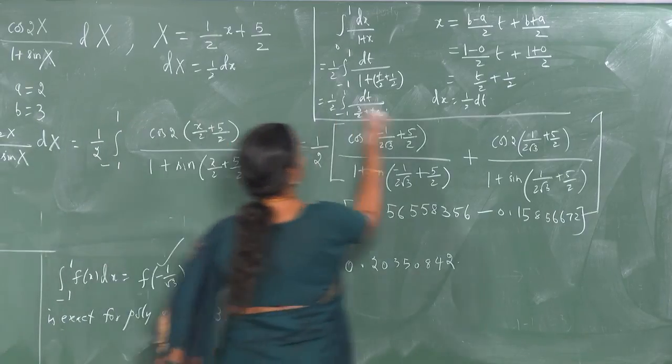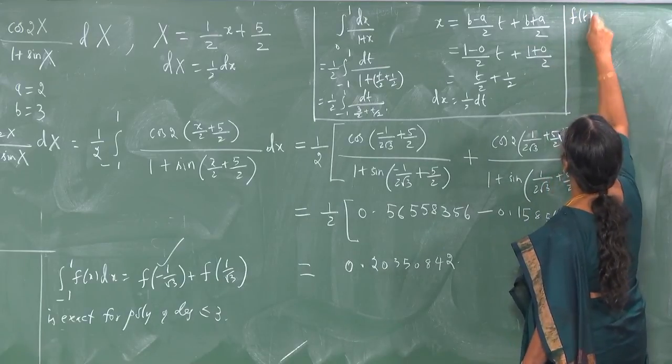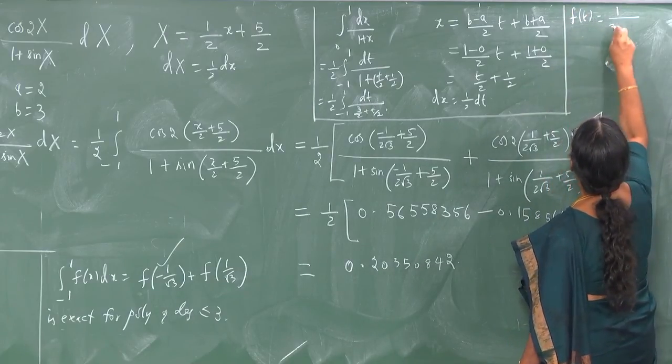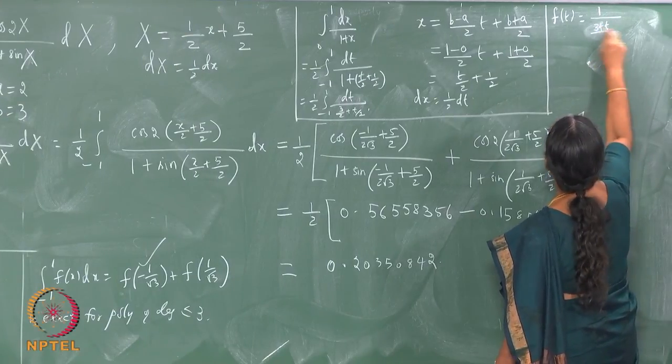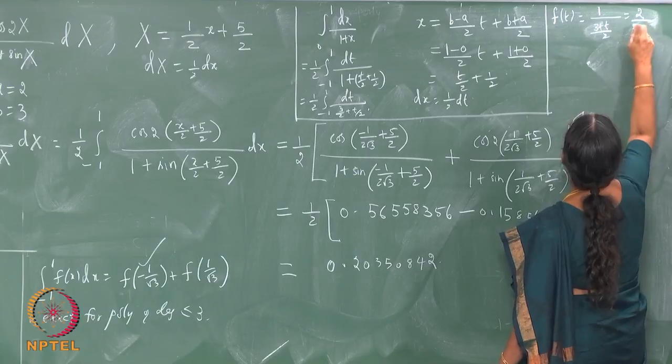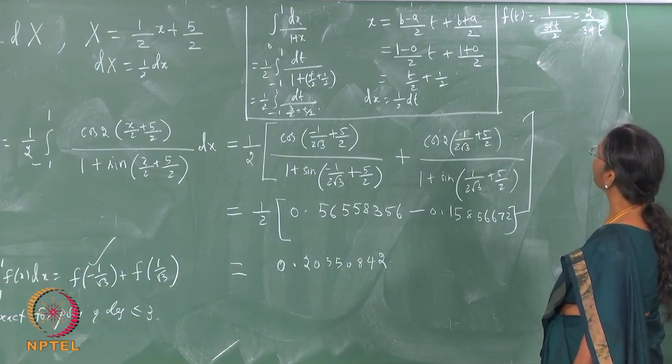So, what is my function? My function here is f of t, and that is 1 by 3 by 2 or 3 plus t by 2 or 2 by 3 plus t, that is my f of t.